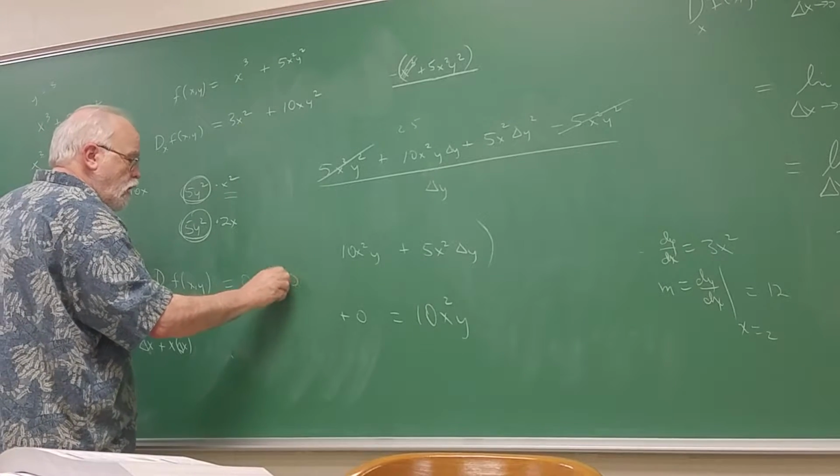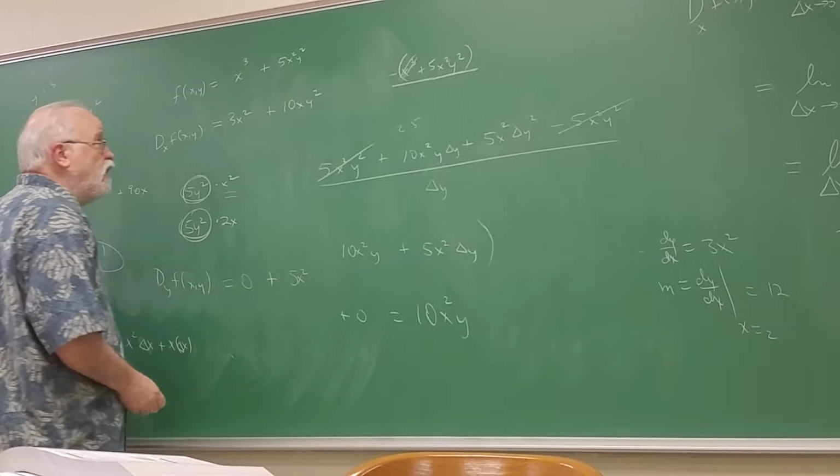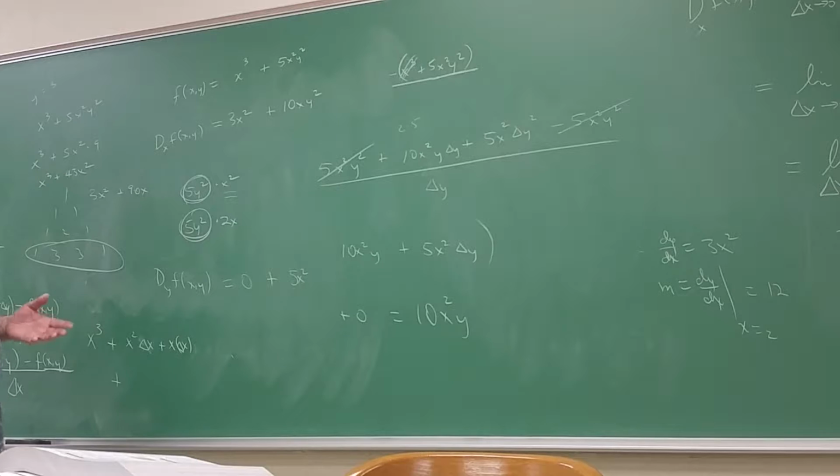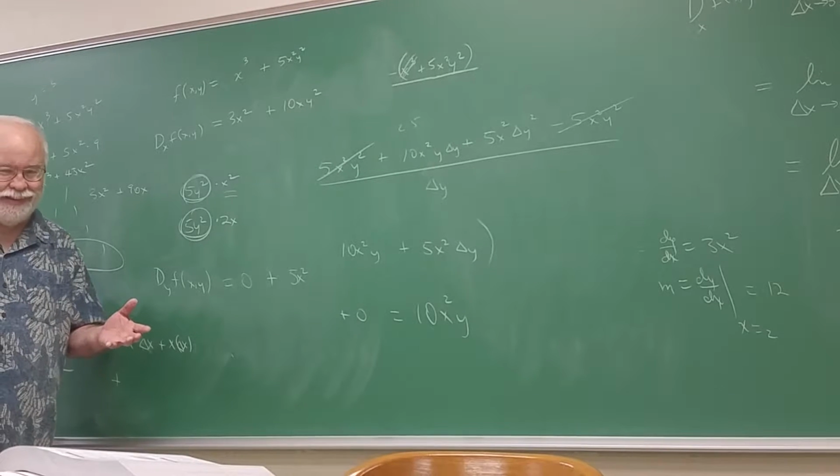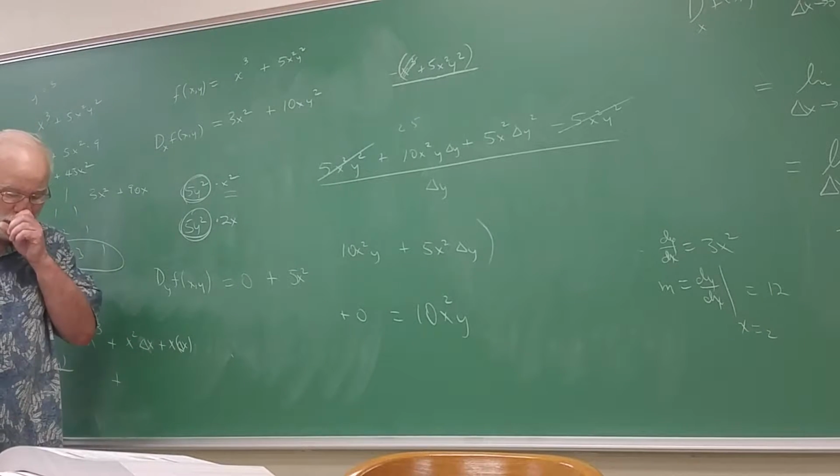I'm just going to copy my constant, 5x squared, and then the derivative of y squared. 2y. You more confident now? 2y? 2y. What about 2y prime? What about it? Explain what about it.